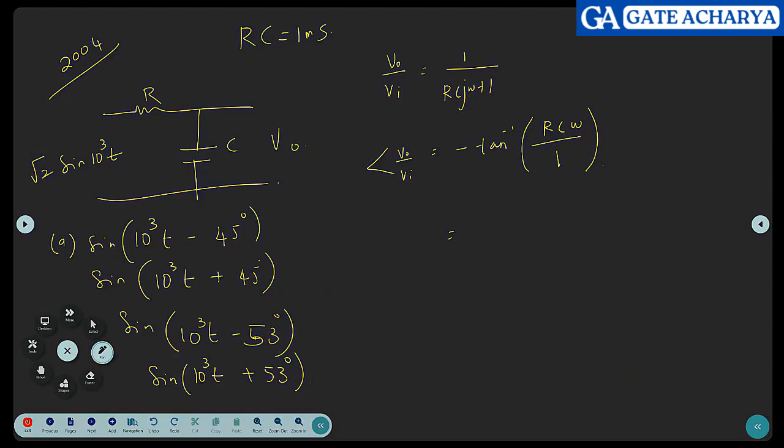Because the complex number is in the denominator, I put minus tan inverse. Now substitute RC omega. What is omega here? 10 power 3. What is RC? 10 power minus 3. So minus tan inverse of 1. What is minus tan inverse of 1? Minus 45 degrees. So it is option A.